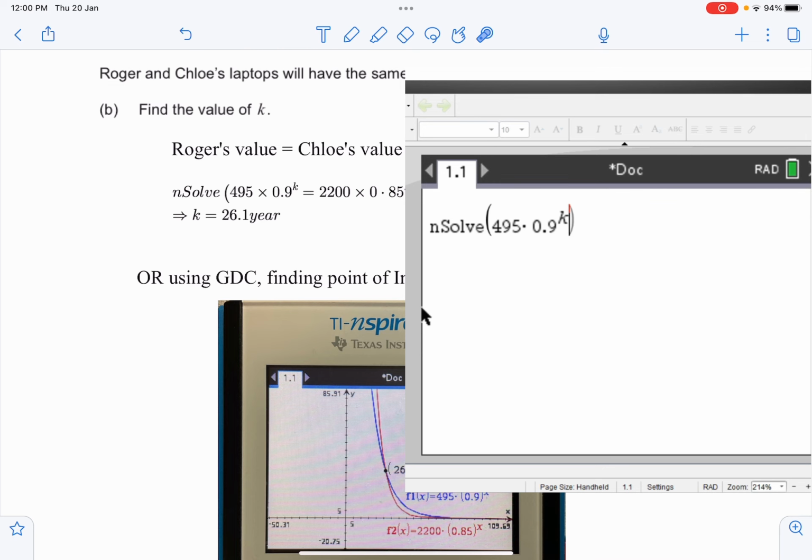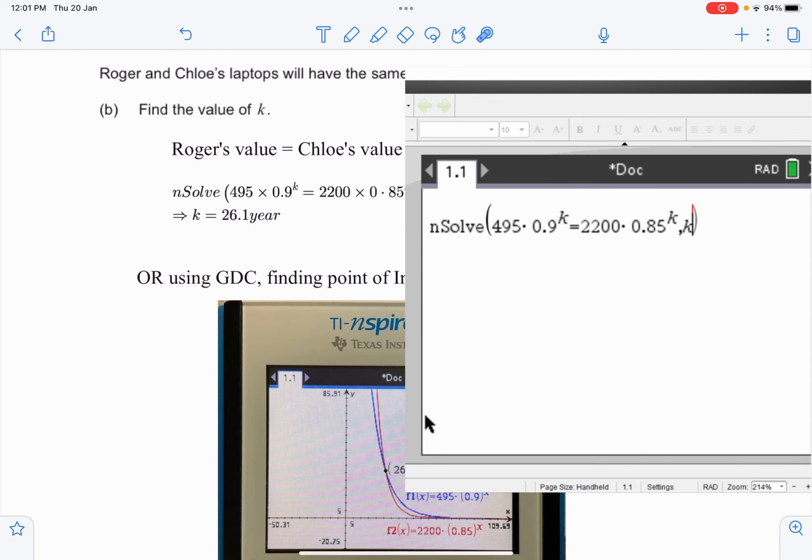Then 2200 times 0.85 to the power k. We have to keep the same variable everywhere. Then a comma, and you have to put k, because the variable to be found is k, and hit enter.